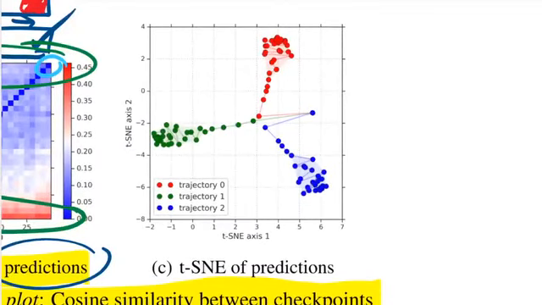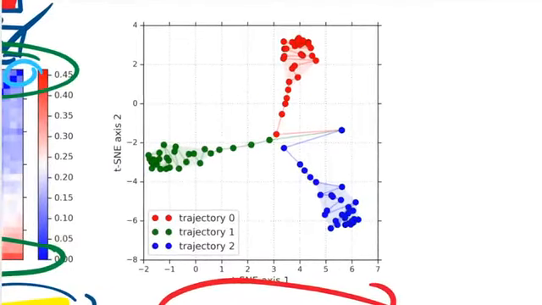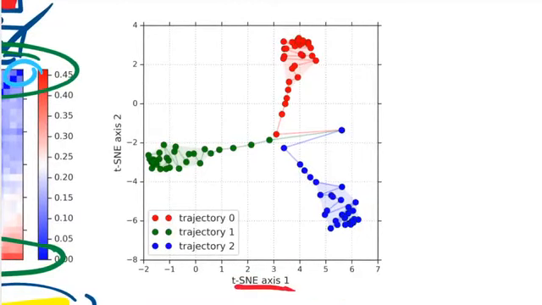So they do a t-SNE plot of predictions. t-SNE is a method to down-project high dimensional vectors. And this is the weight space projected to 2 dimensions, so t-SNE axis 1 and 2. These are rather arbitrary. If you think of a PCA, it's the directions of maximum variance.